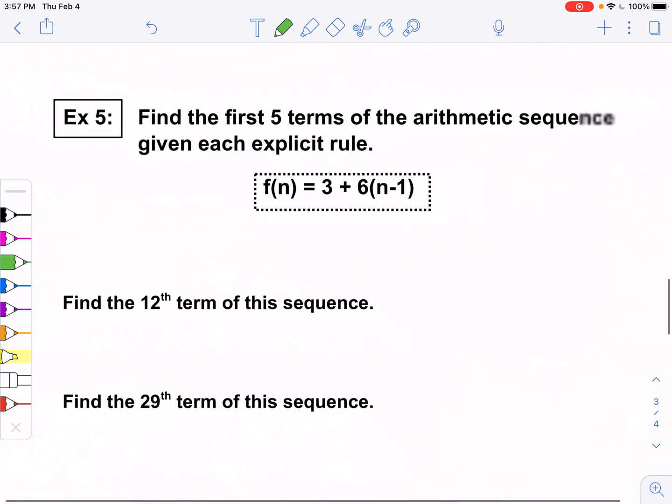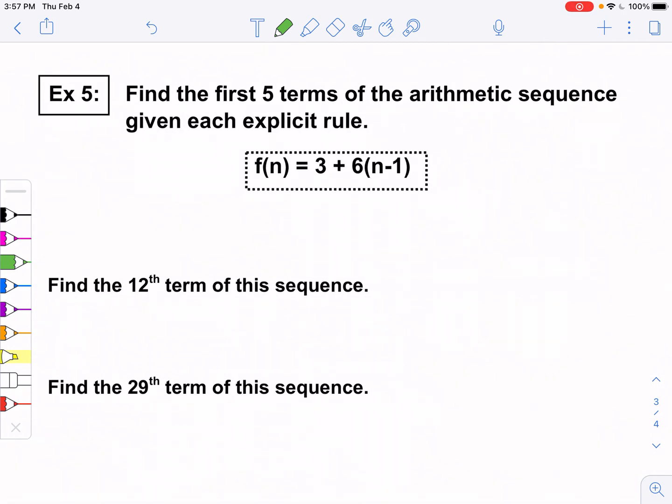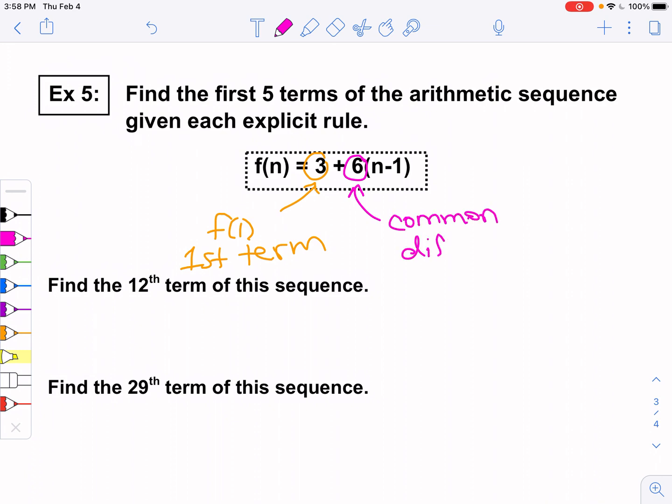So looking at this one, find the first 5 terms of the arithmetic sequence. Here's the explicit rule. So I know that the first term is 3. I also know that the 6 is the common difference, or the D value.